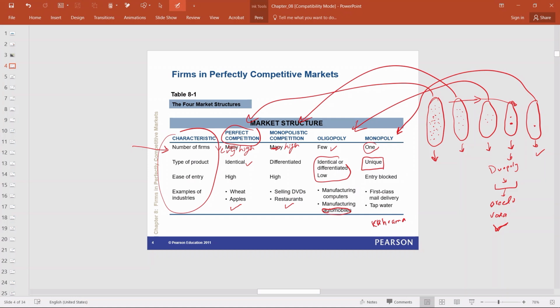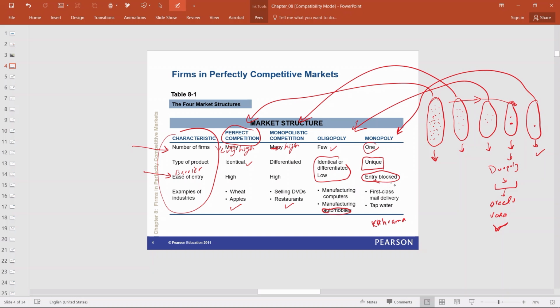Another important characteristic is barrier. We call it barrier to entry. How easy is it to get into this market as a new firm? So for monopoly, it's very difficult to enter this market operated by only one firm, and those markets usually are controlled by the government.